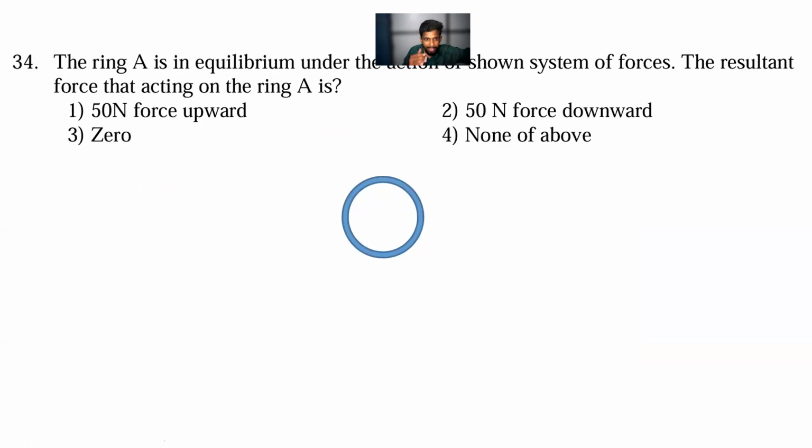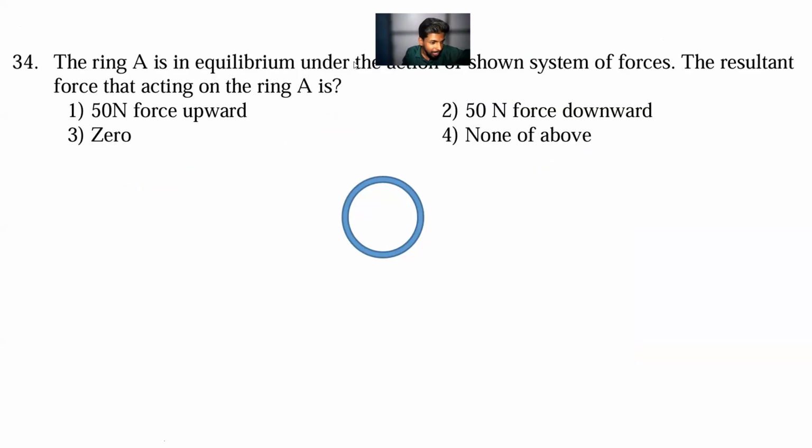Question number 34. Nothing to read here. The object is in equilibrium. The resultant force will be, what is the answer? Zero.